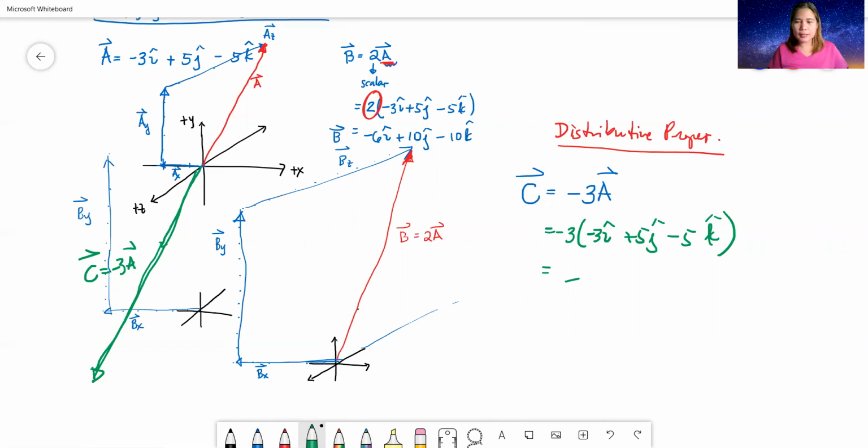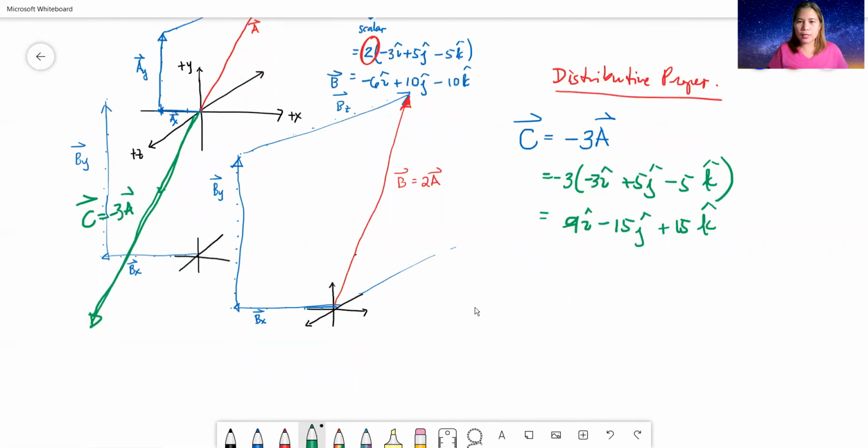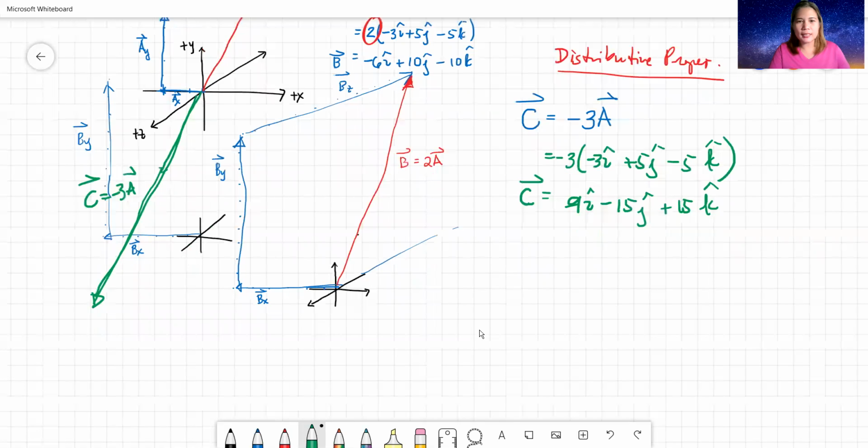So you have negative 9, positive 9 I hat, minus 15 J hat and then plus 15 K hat. So let's locate vector C and compare it to the one that we drew earlier.